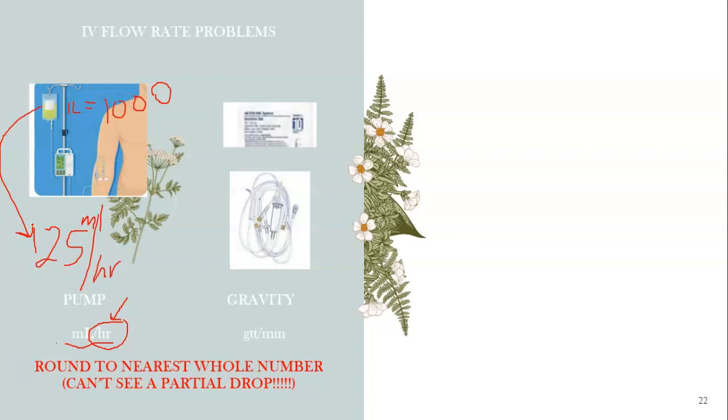How do I figure that out? Well, if I want to drive 1,000 miles and I'm going at 125 miles per hour, can't I divide 1,000 by 125? If I divide 1,000 by 125, it's going to tell me that there's enough fluid in here for 8 hours.